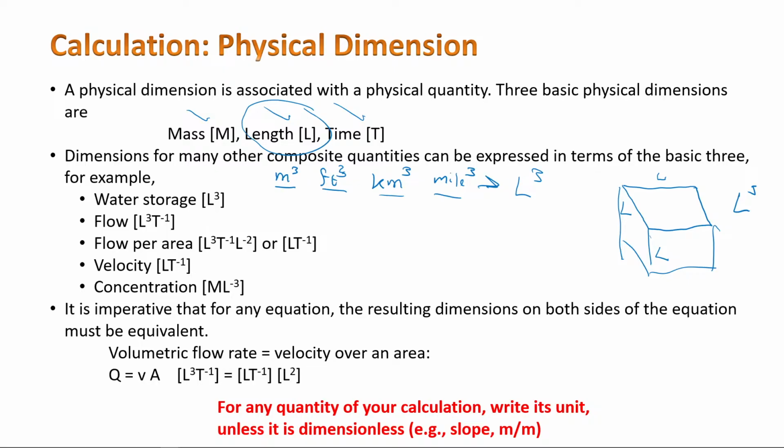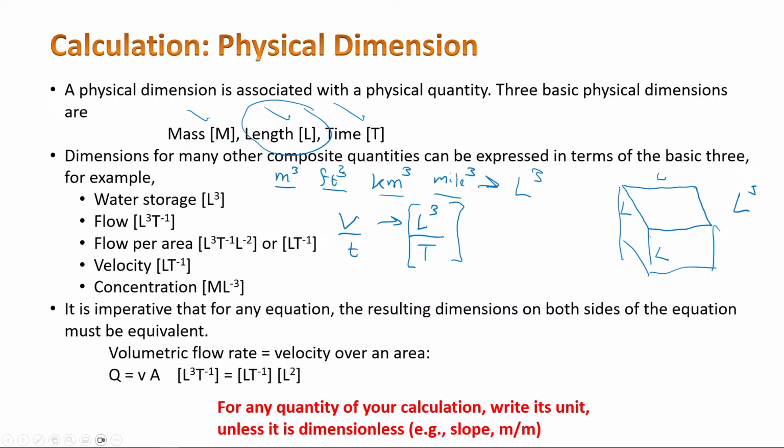Flow, for example: what is flow? Flow rate is volume per time. What is the dimension of volume? That is L cube. And what is the dimension of time? That is T. So the dimension of flow rate is L cube per time.